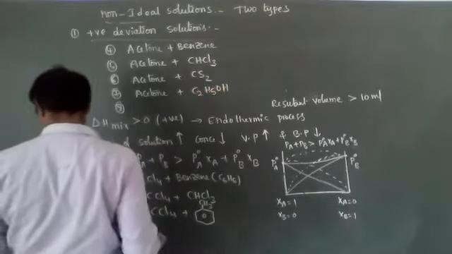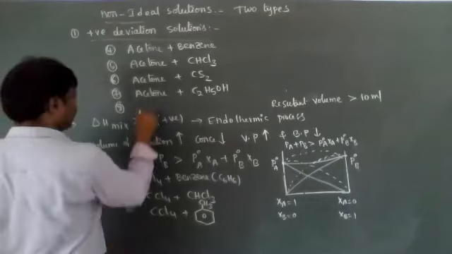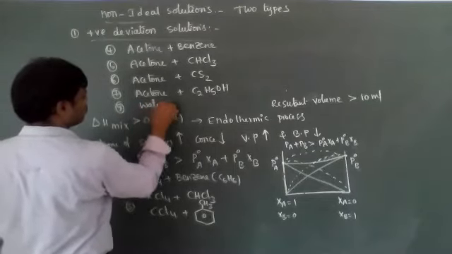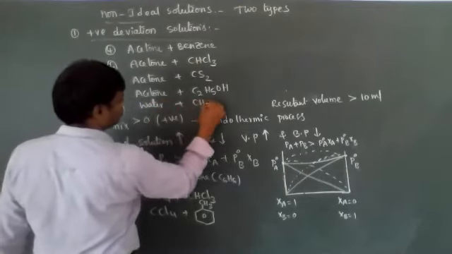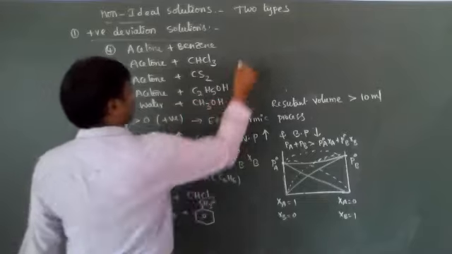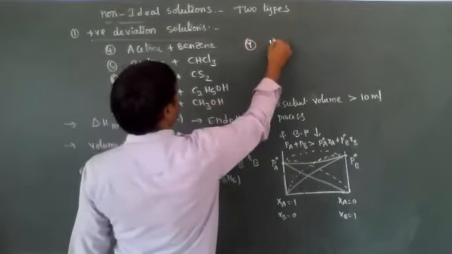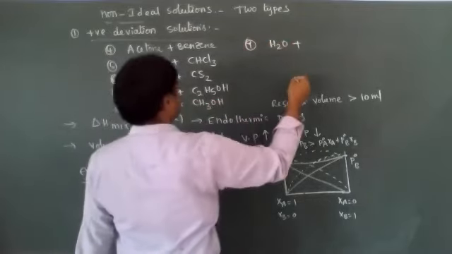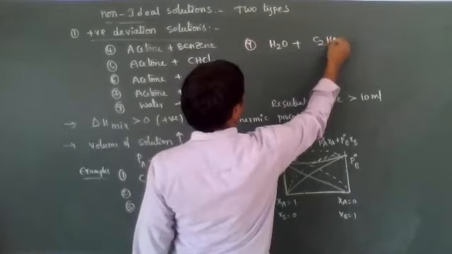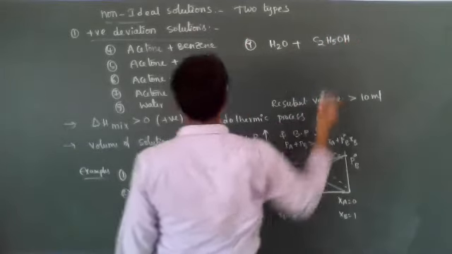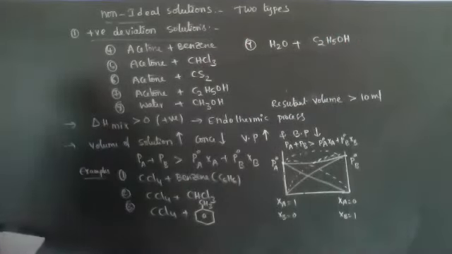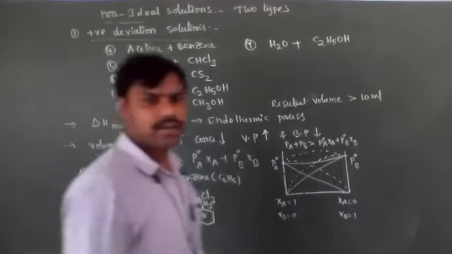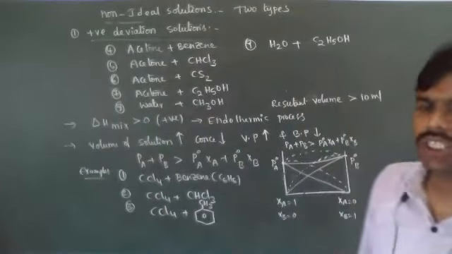Next, one more example, water plus methyl alcohol, and water plus ethyl alcohol. Okay, these are the examples for positive deviation solutions.